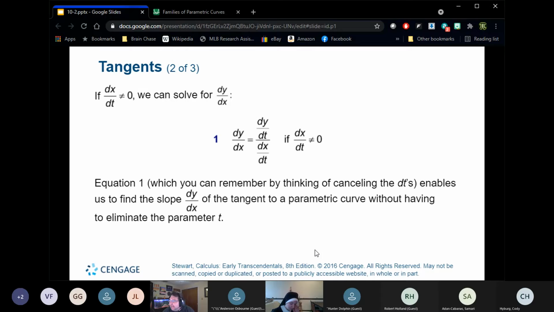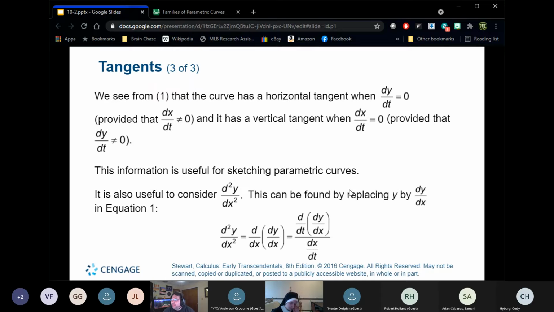We're also going to look at the second derivative. So for the second derivative, we're going to take the derivative of my first derivative and divide it by dx/dt, the derivative of just the x term.